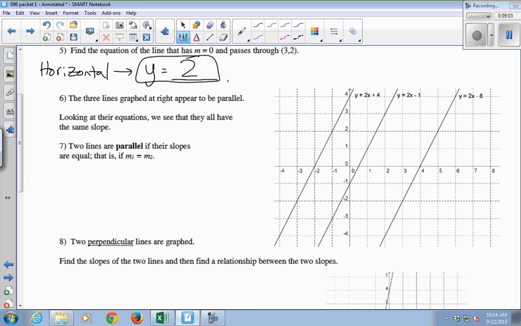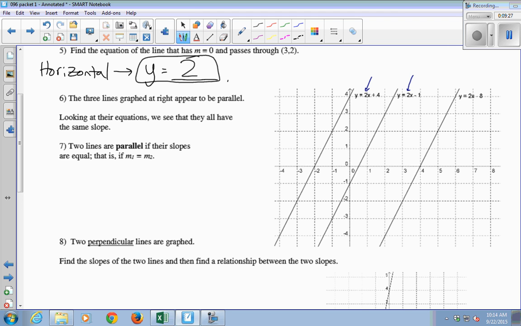Okay, I have graphed 3 lines over here. They appear to be parallel, meaning they never intersect and they're always equally distanced apart. And I have their equations, each line is labeled with its equation. And what number in each of these equations represents the slope? The 2, yeah, it's the coefficient on the x.